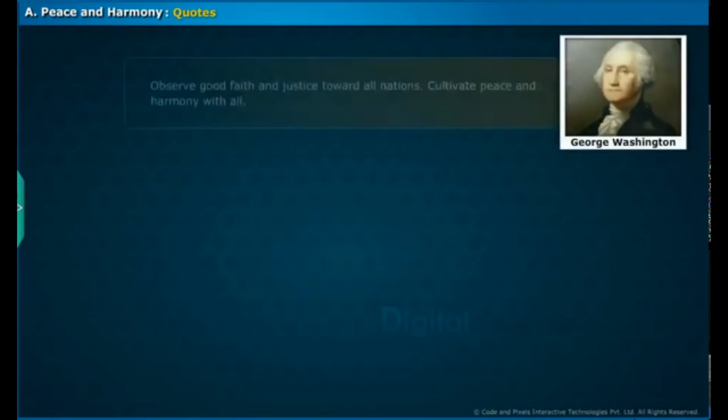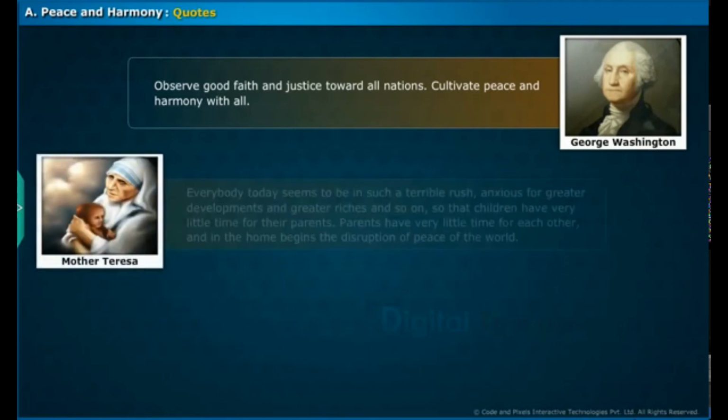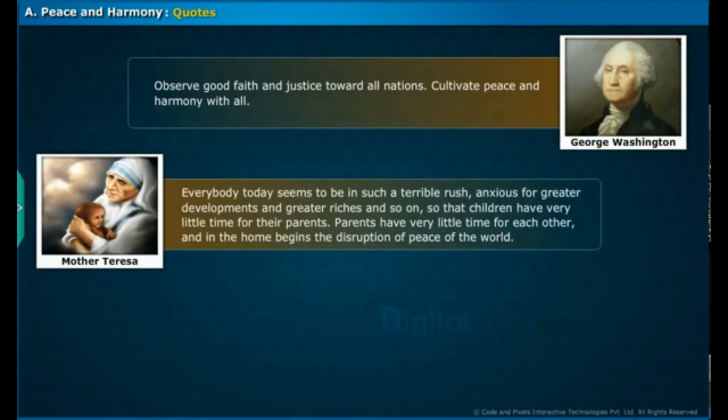Let us now listen to a few famous quotes. Observe good faith and justice toward all nations. Cultivate peace and harmony with all. By George Washington. Everybody today seems to be in such a terrible rush, anxious for greater developments and greater riches and so on, so that children have very little time for their parents.